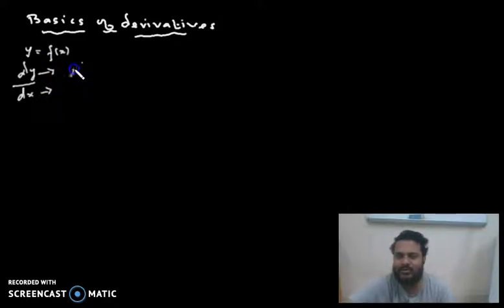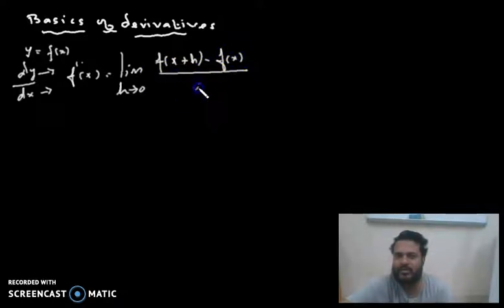And there is a special rule for this. f dash of x is equal to limit h tends to 0, that is, h is very small, of f of x plus h minus f of x divided by h. This is a very good rule we have.